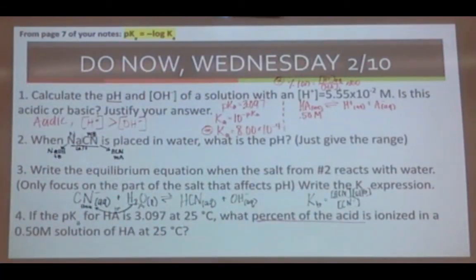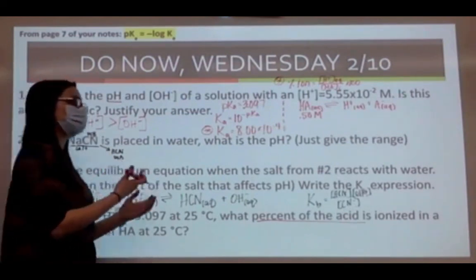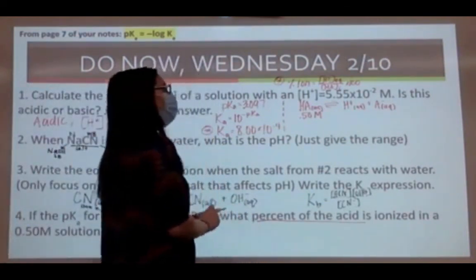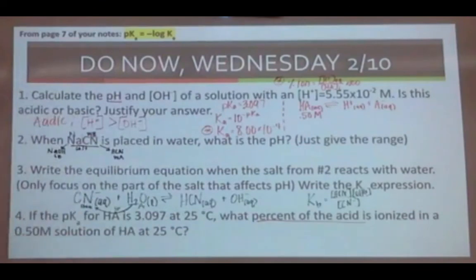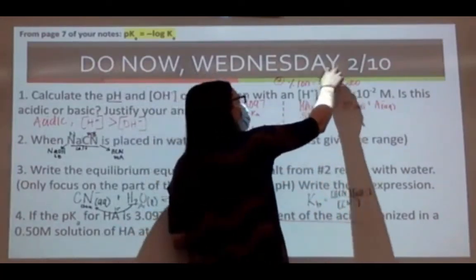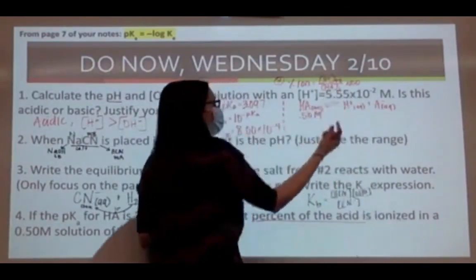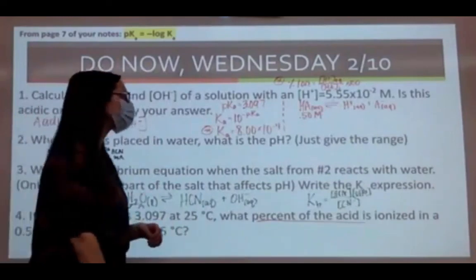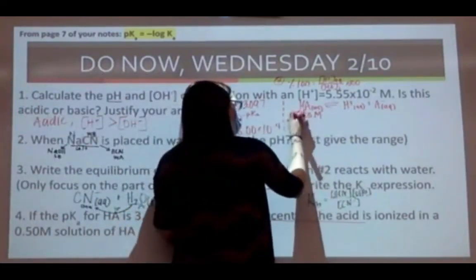They ask one almost every year on the AP test, so I always make sure to put one on the test. The point of percent ionization is to see how much you have at equilibrium versus how much you started with.